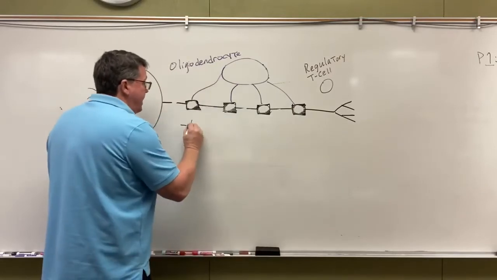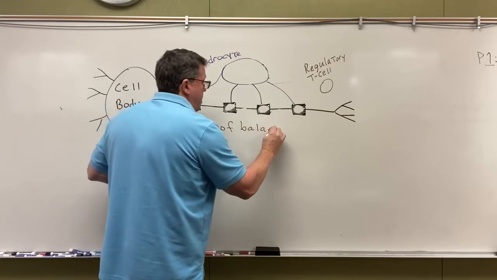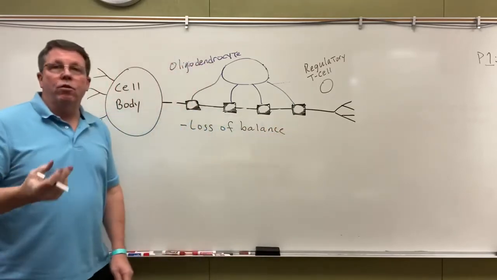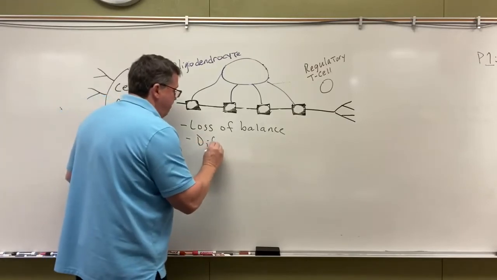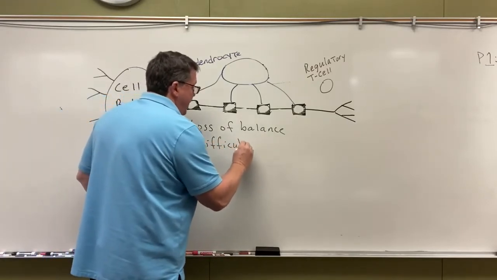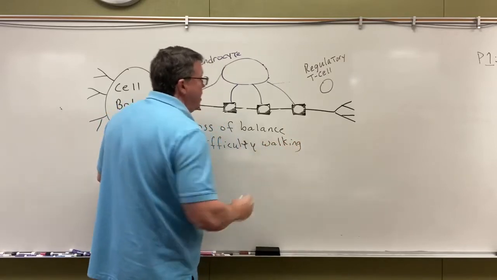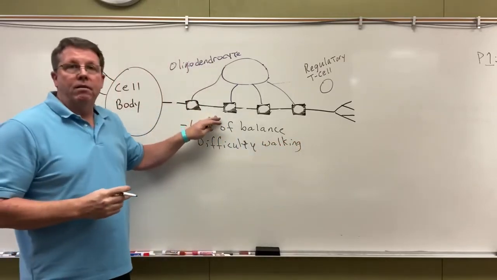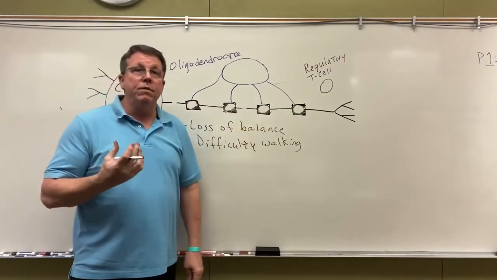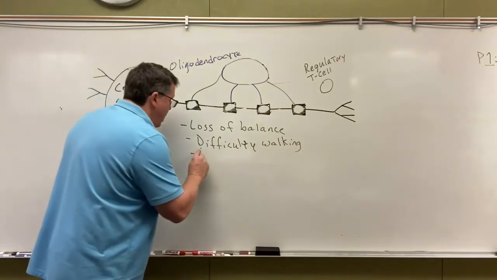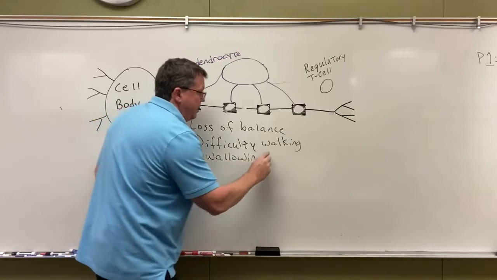What can happen is I can have loss of balance, and difficulty walking, obviously, if there's loss of balance. So that's some other things that can happen there, okay? If this happens to affect the nerves that go to my swallowing muscles, I can have swallowing problems, difficulty swallowing. We actually call that aphasia.